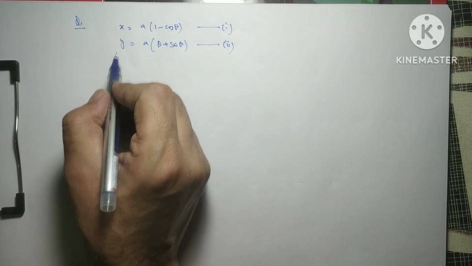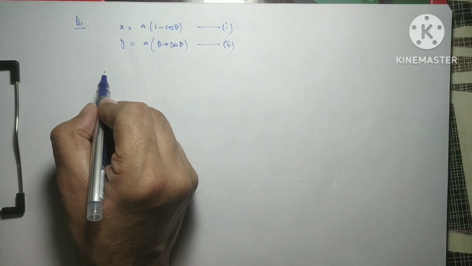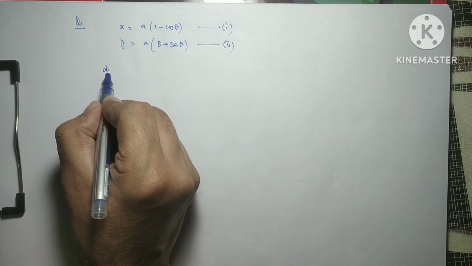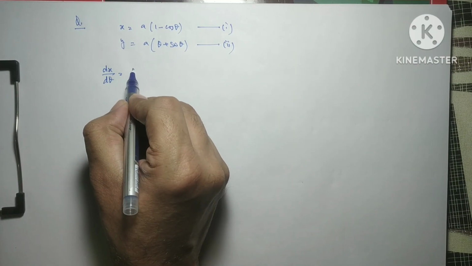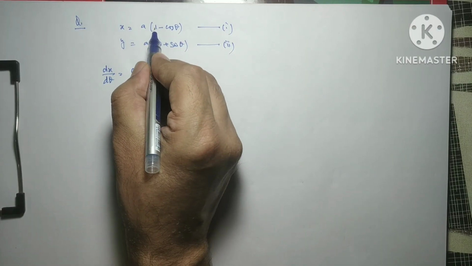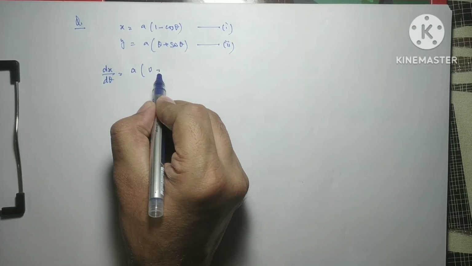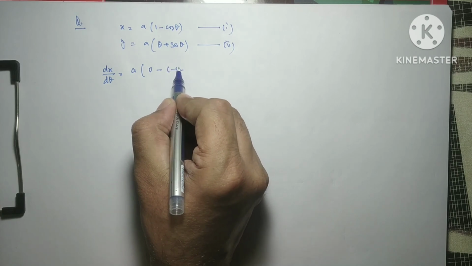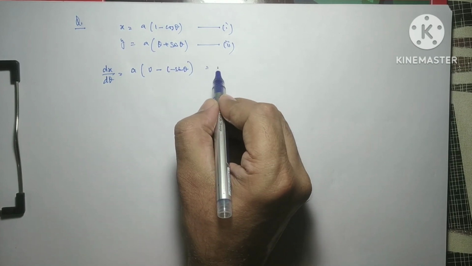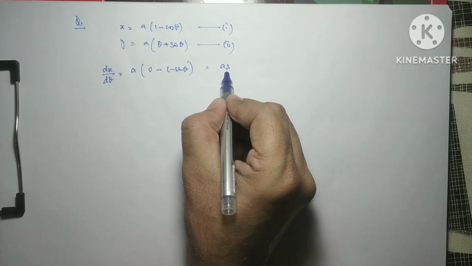First differentiate the first equation with respect to theta, so dx by d theta. A is constant, the differentiation of 1 is 0, and the differentiation of cos theta you know is minus sin theta, so you get a sin theta.